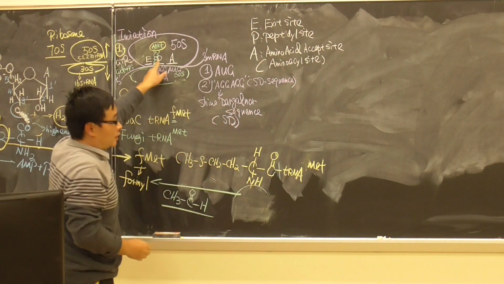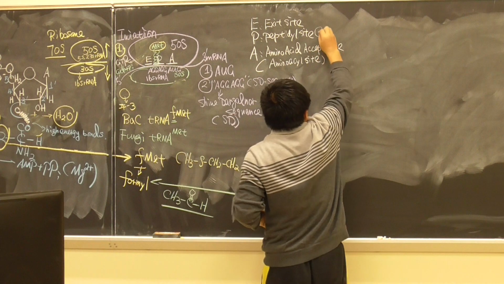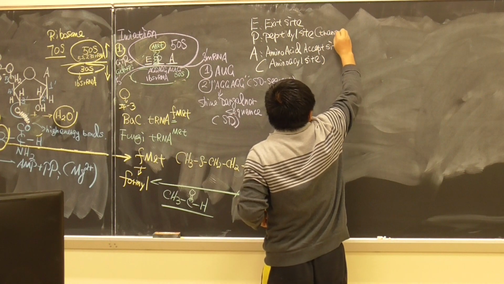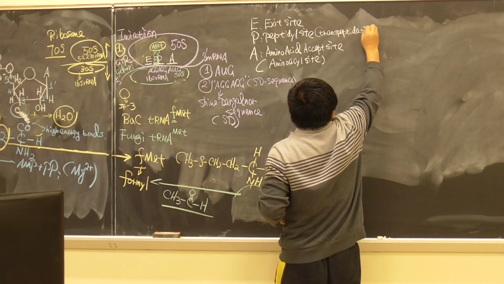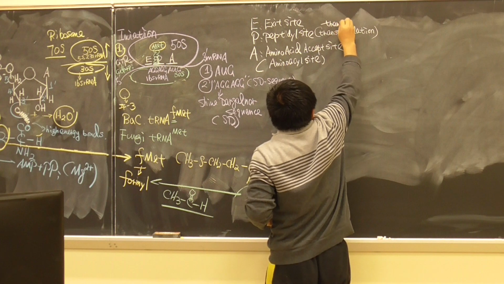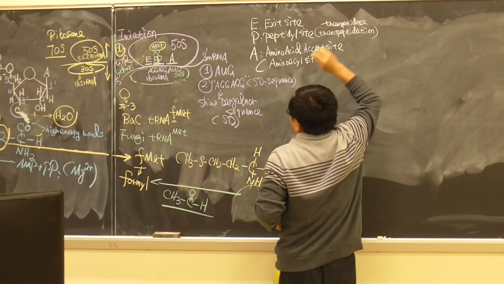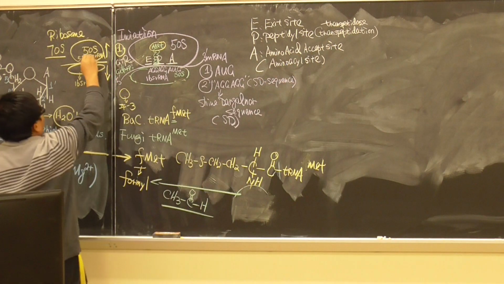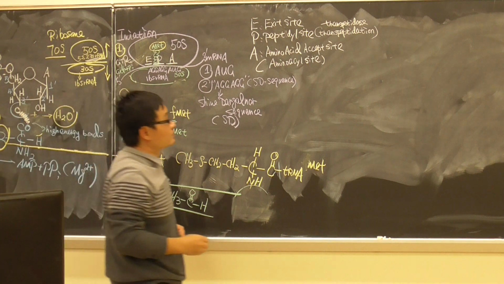Now, in the P site, which is the peptidyl site, what happens is transpeptidation. And this needs an enzyme called transpeptidase. This is coming from the 23S RNA inside the 50S subunit.